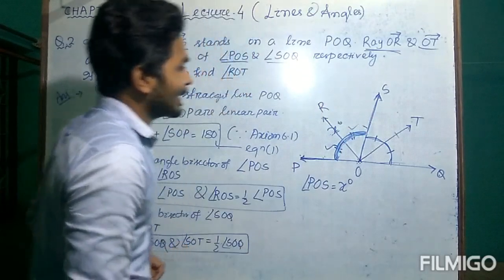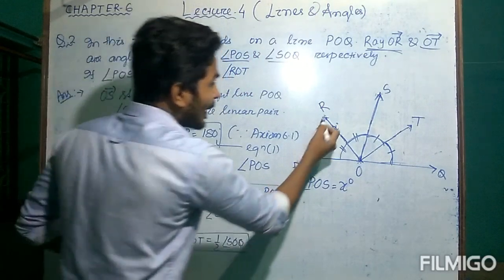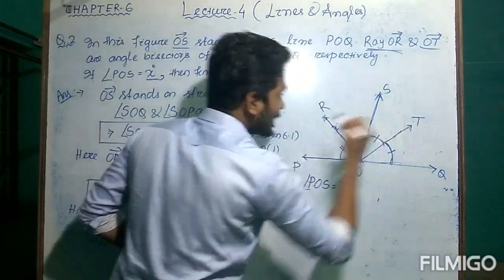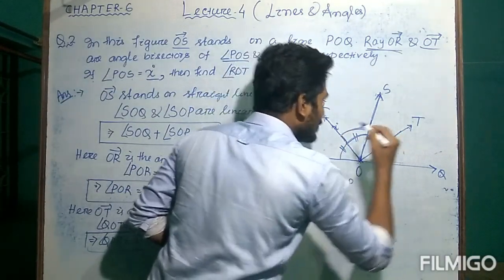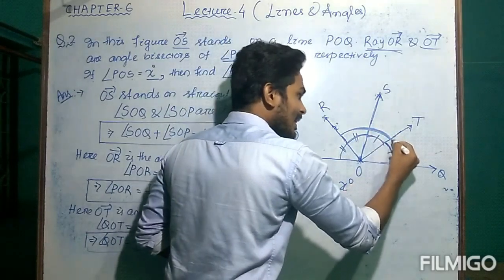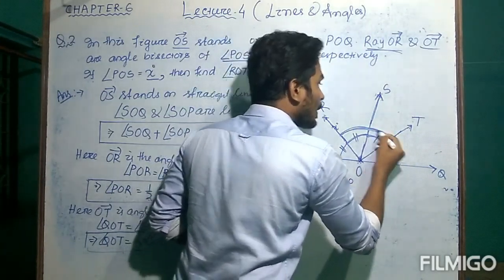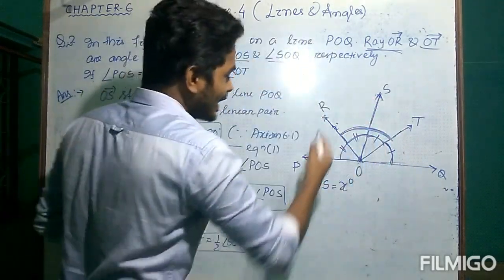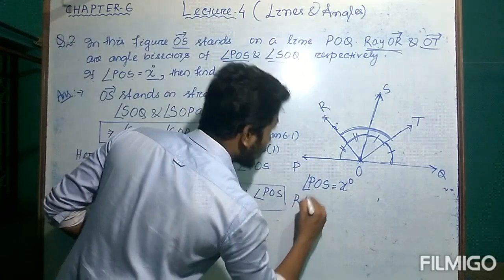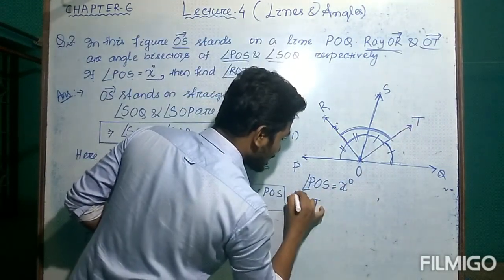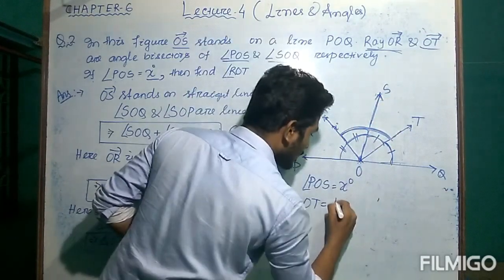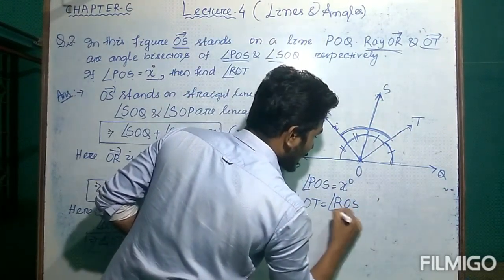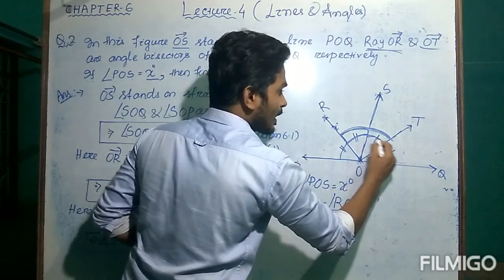How can you find it? So now see, you have to find the value ROT. Okay, so you have to find this total angle. Now can you write this total angle is equal to this angle plus this angle? Yes, you can write. So let's write ROT is equal to this angle, it means ROS plus this angle, right?